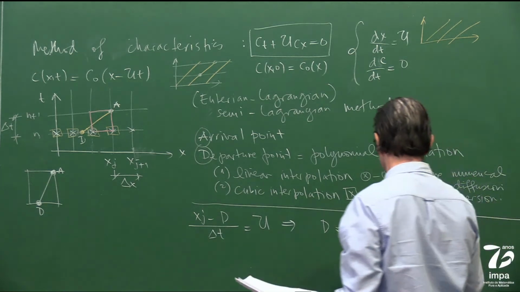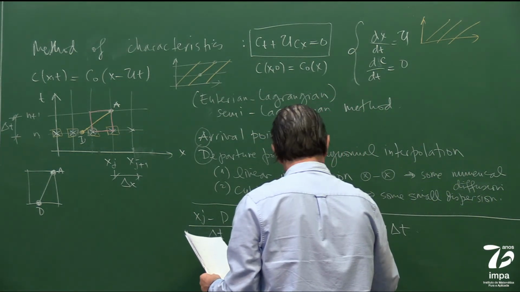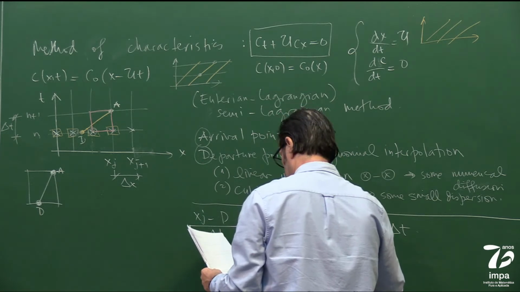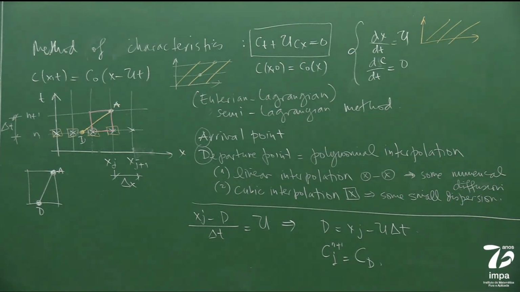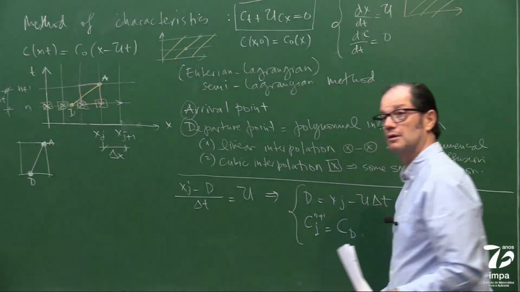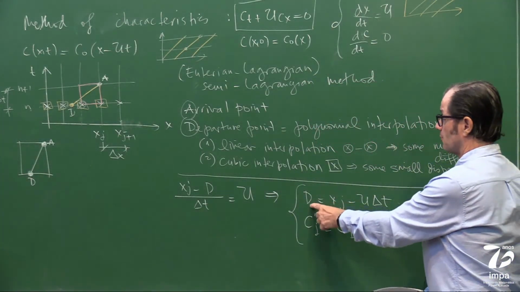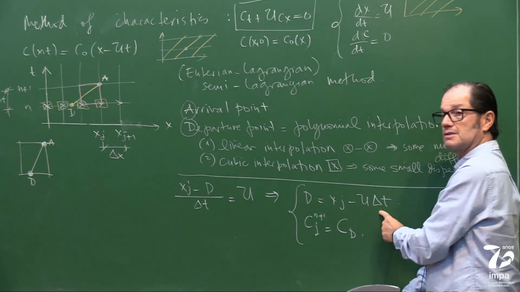After you have that, a simple way of writing the algorithm is like this. See if you agree. The departure point is just given by this simple slope, xj minus that.